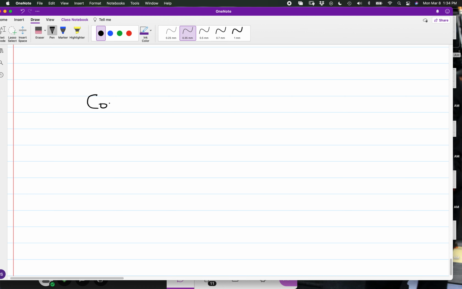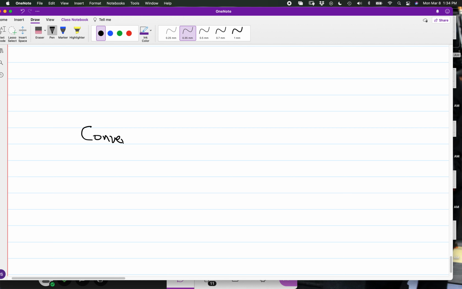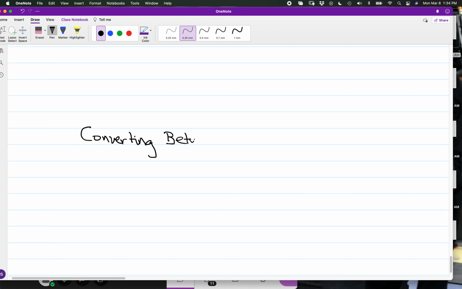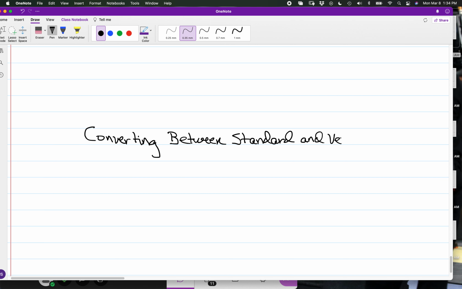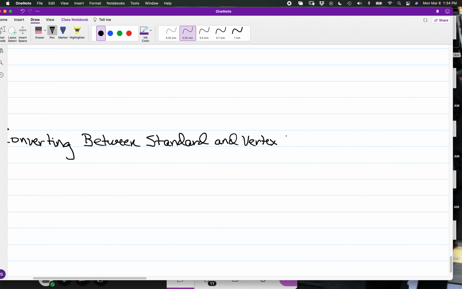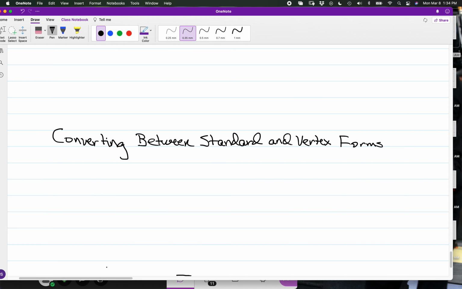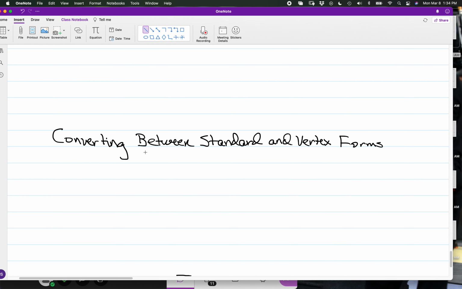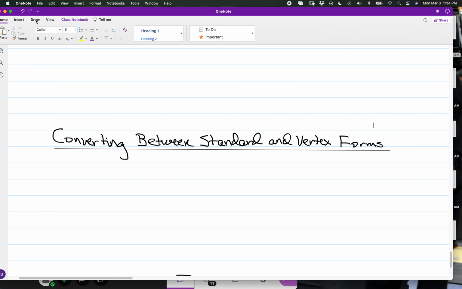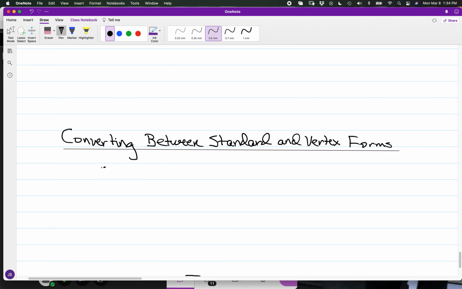So if you're looking at conversions, we're looking at converting between standard and vertex forms.